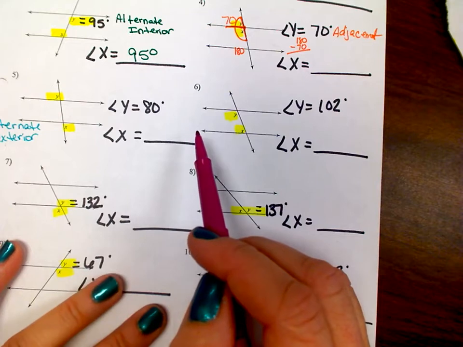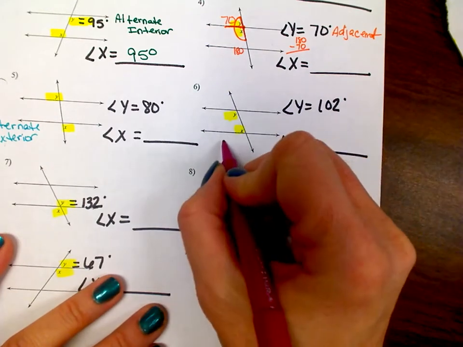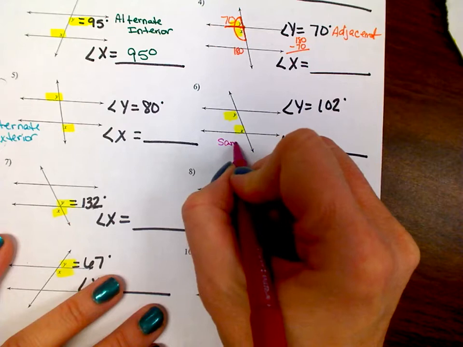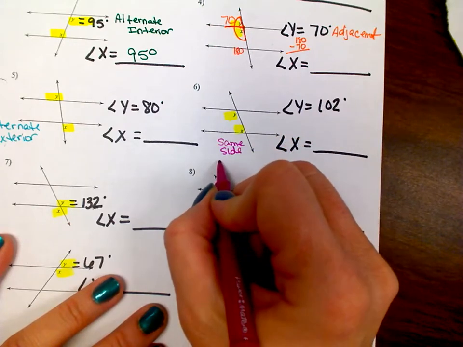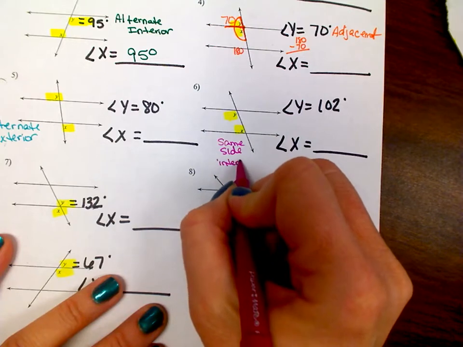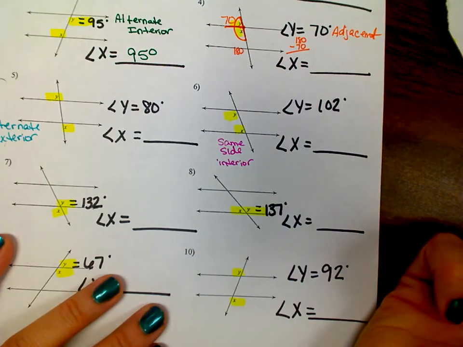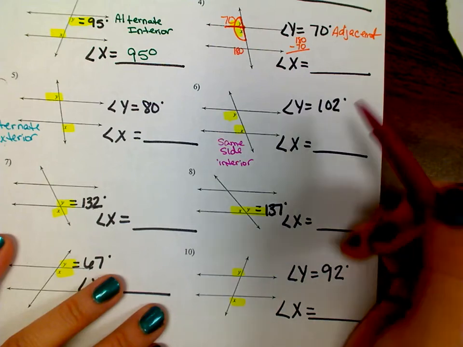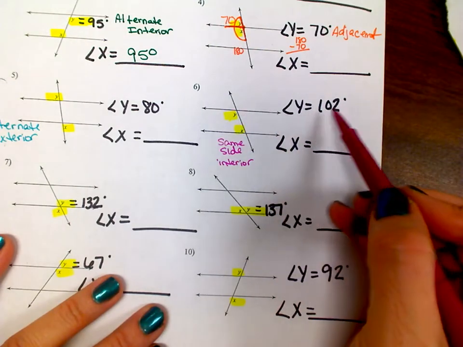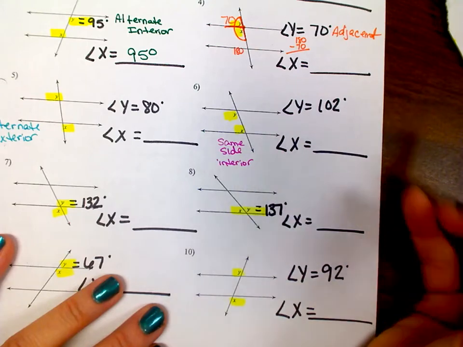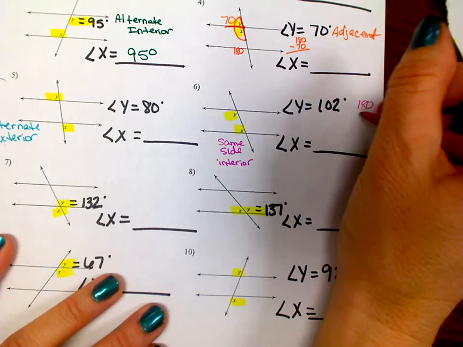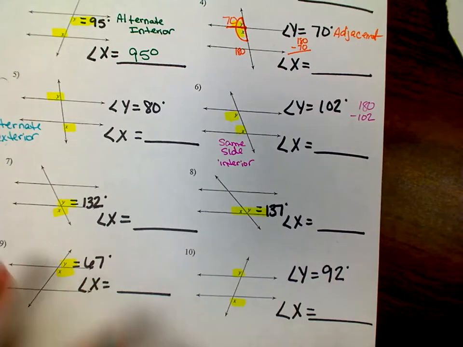So it's going to be same side interior. So if Y equals 102, they have to add up to 180. 180 minus 102 will give you your answer. And hopefully you'll get 78 degrees.